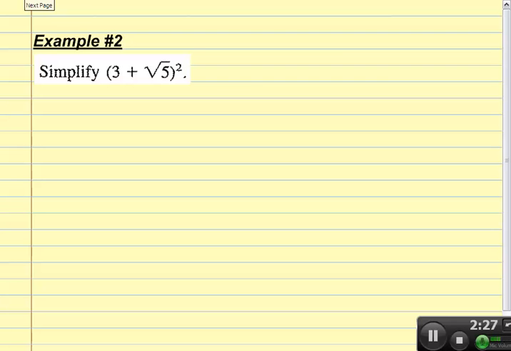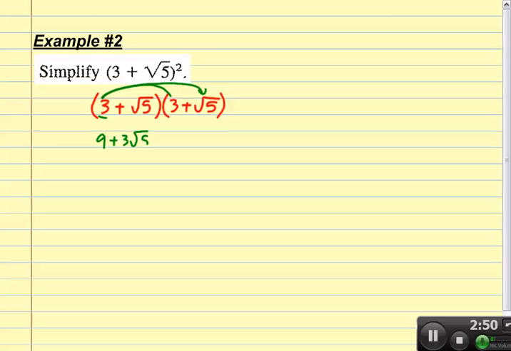All right, example number 2. Now it says the quantity 3 plus root 5 squared. Okay, well that just means 3 plus square root 5 times 3 plus square root 5, right? That thing squared, multiplied by itself. All right, so again, first term, 3 times 3, 9. 3 times root 5, positive 3 root 5.